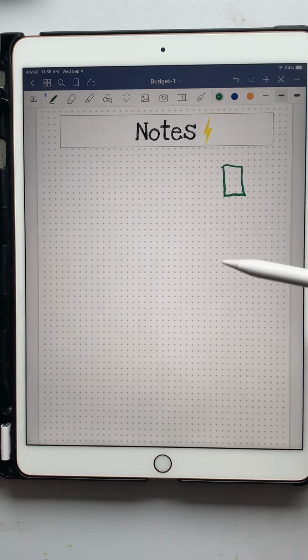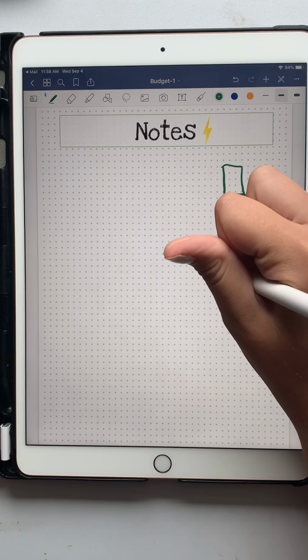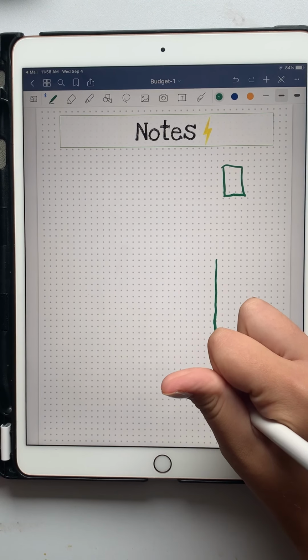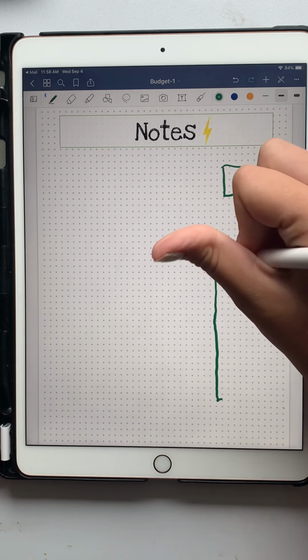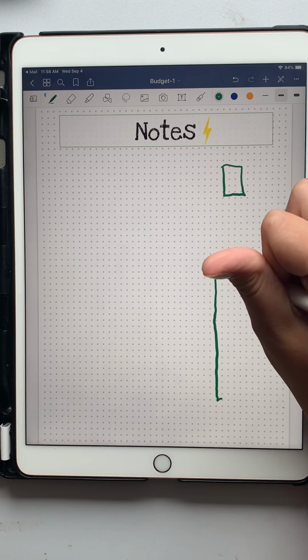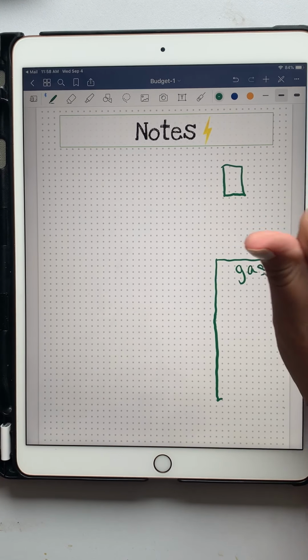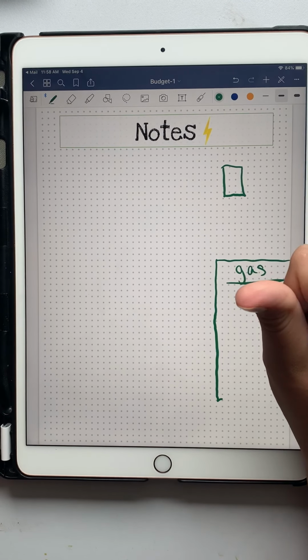You could even take a ruler. I don't have a ruler right here, so it's kind of hard to make a straight line, but it's easier than normally. So you can maybe make a section and make this your gas. And it's just a little easier to keep your math straight.